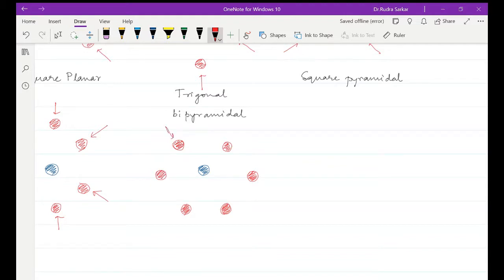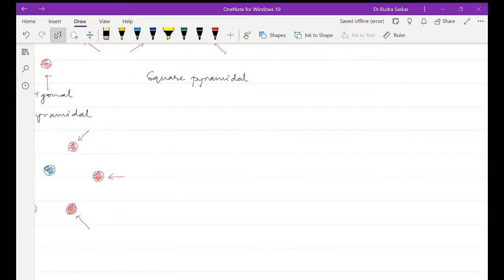That is in that manner. Okay, or it may also come along the vertices of a trigonal prism. Okay, so what I mean by that is something like this.